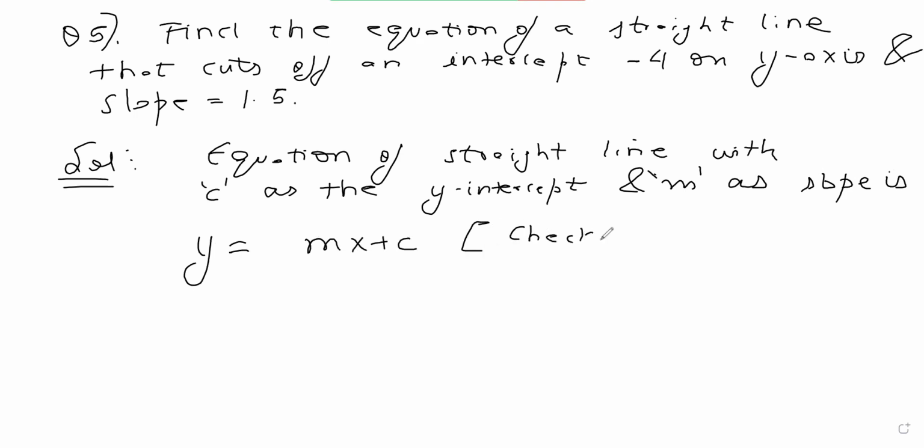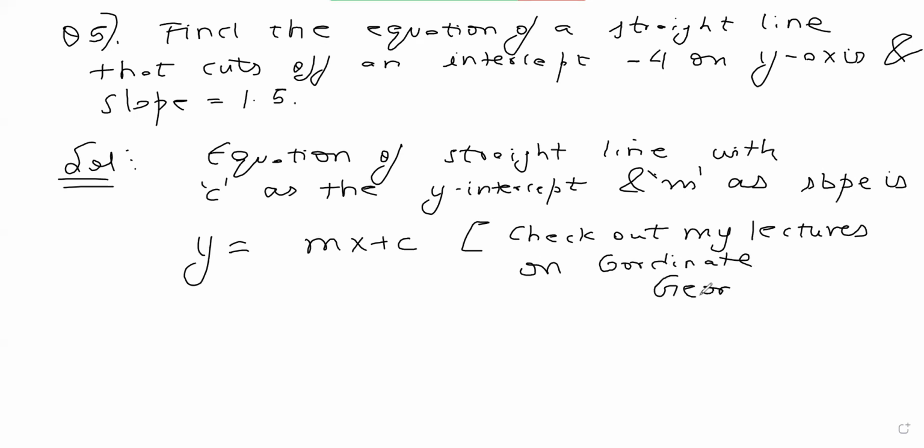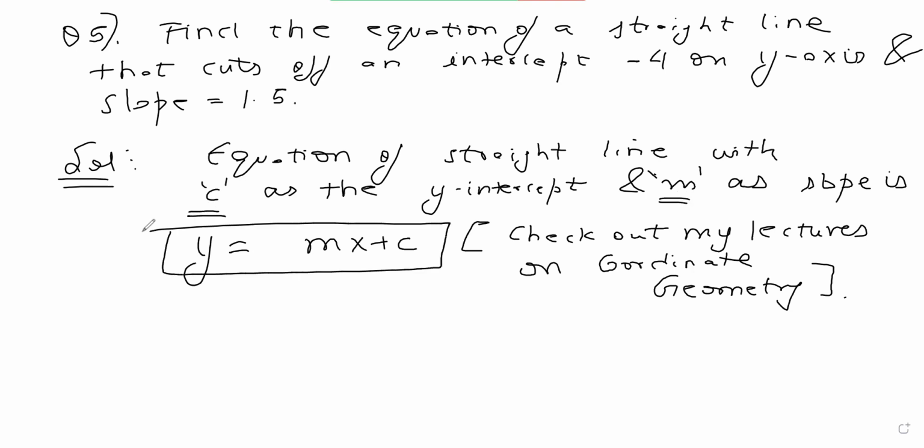Check out my lectures on coordinate geometry. When you are given the slope, which we call m in our lectures, and we are given the y-intercept, where the straight line is cutting the y-axis. So the y-intercept is c, slope is m, equation of the straight line is y equals mx plus c.